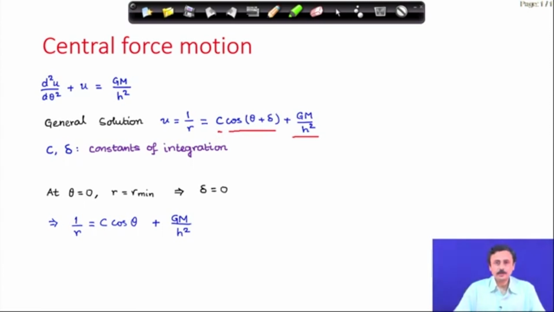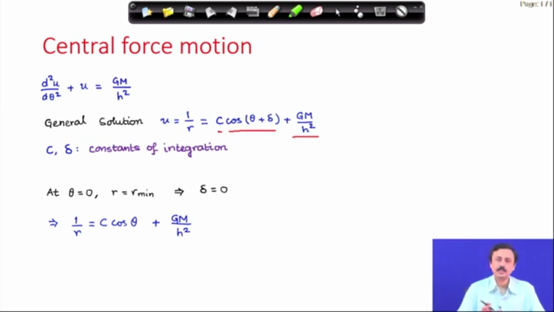At theta equal to 0, we will consider r as r min. You remember that u is 1 over r. We have solved the differential equation in u, and u is 1 over r, the radial coordinate. Now, we set the phase delta by demanding that at theta equal to 0, r is r min.